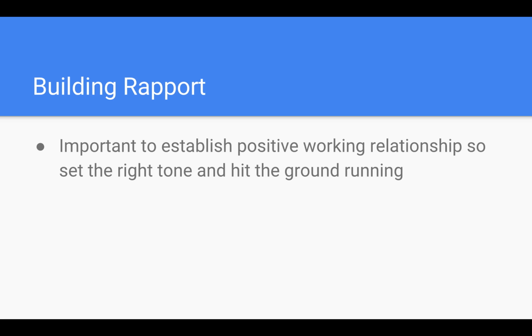Your goal and your patient's goal, your shared goal, is to decrease the negative impact of whatever their complaint is. And so you're working together as a team. In a team, you want to have a positive working relationship so that you can be very effective and efficient and get the most done in the shortest amount of time.